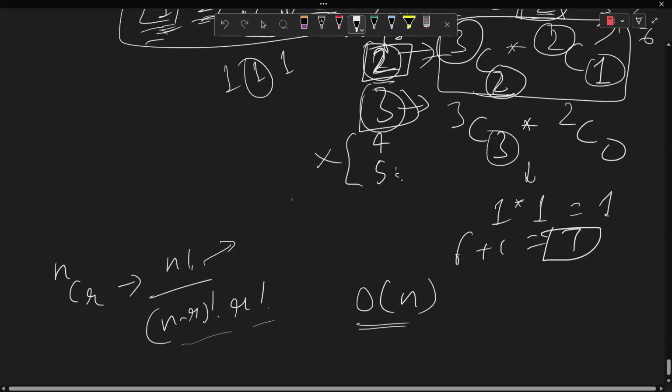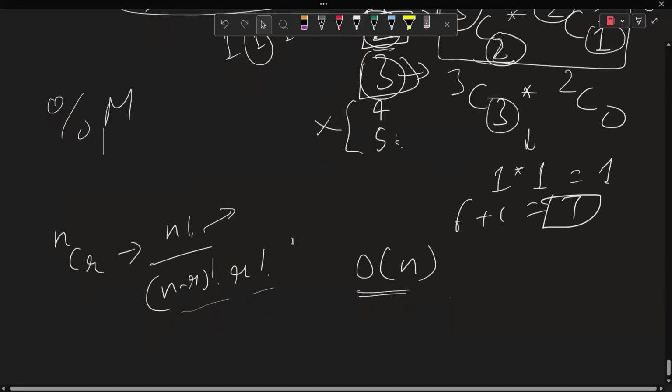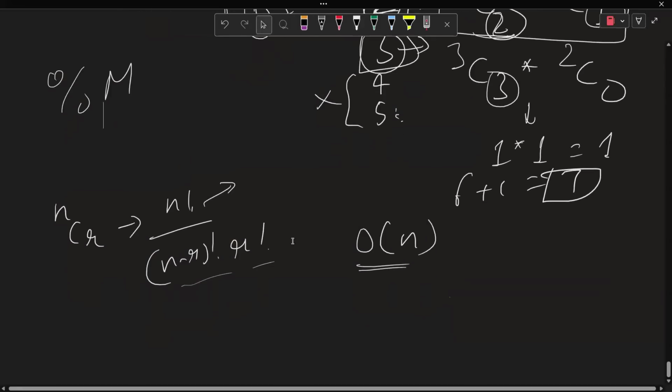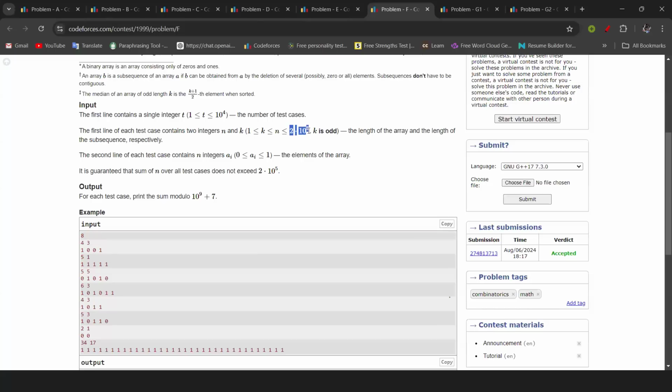And we also need to maintain modulo m everywhere. So what you can just do is calculate this factorial. You can pre-compute this factorial beforehand, for every i. For the constraints given in the question, n can vary up to 2e5.